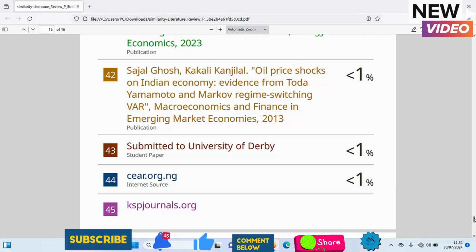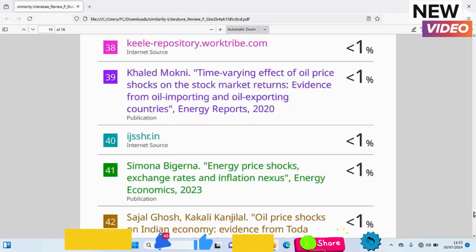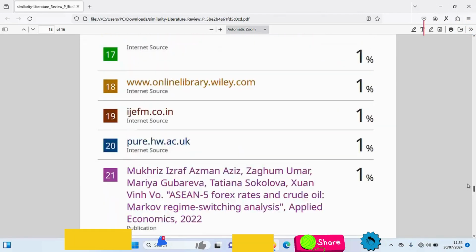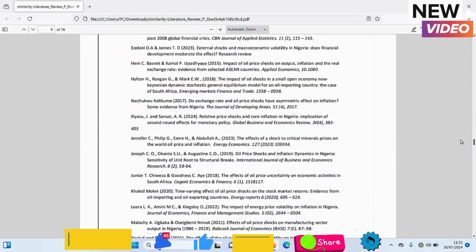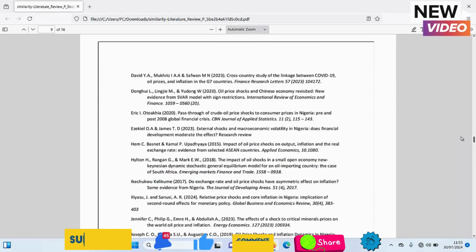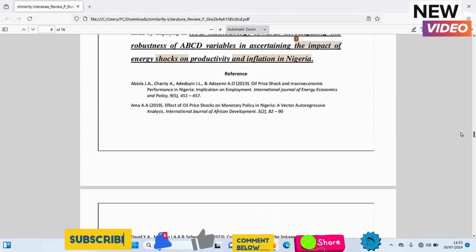Another thing I also want you to take note of is that Turnitin gives room for the exclusion of quoted words as well as references. You can see the references here are not highlighted. Yes, all the references were not highlighted.